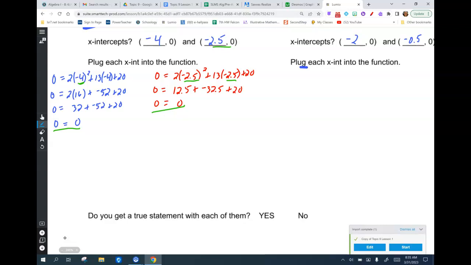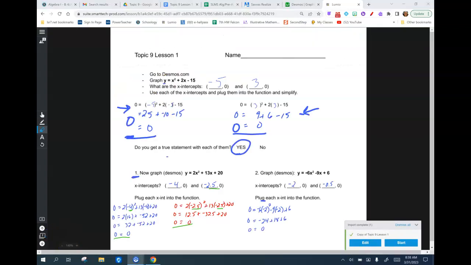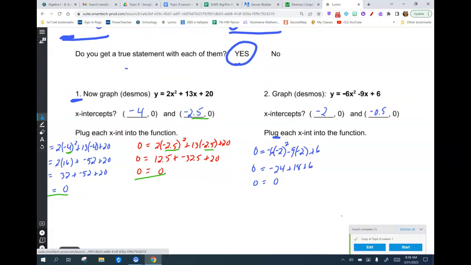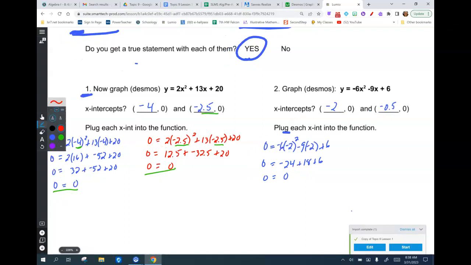Good. So now go and do number 2. I wanted to make sure you understood my mistake before you go any further. On this one right here, instead of negative 0.5, that should actually be a positive 0.5 or 1/2. So this should be a positive 1/2. This should be positive 0.5. And I noticed that when I was plugging it in.